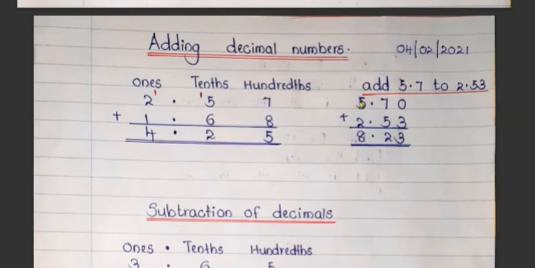Write 1 here. 5 plus 2, 7. 7 plus 1, 8. 8.23.